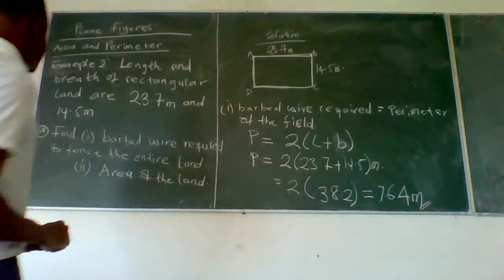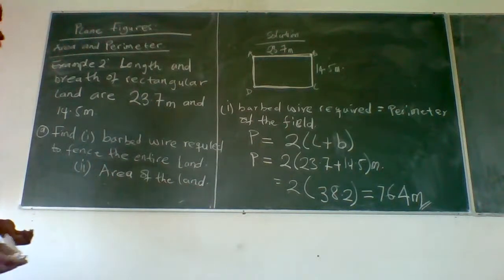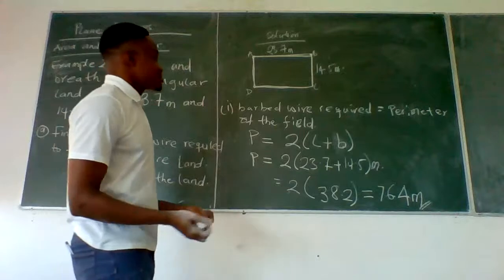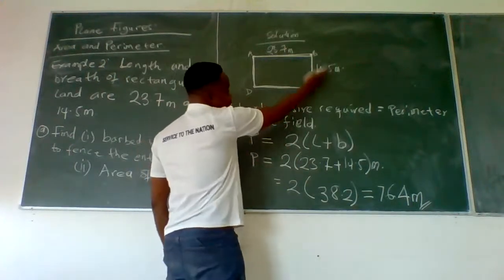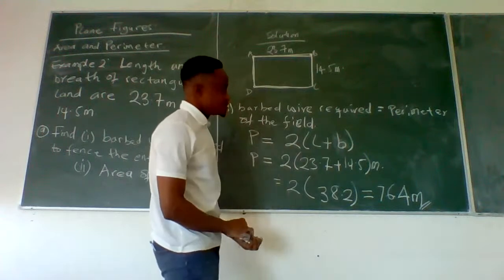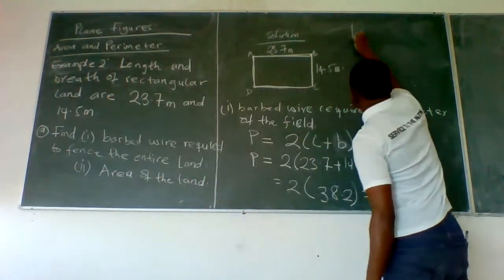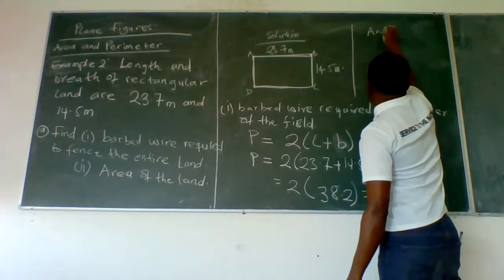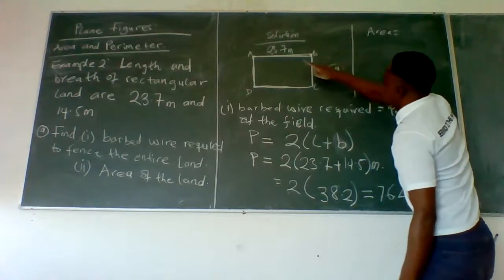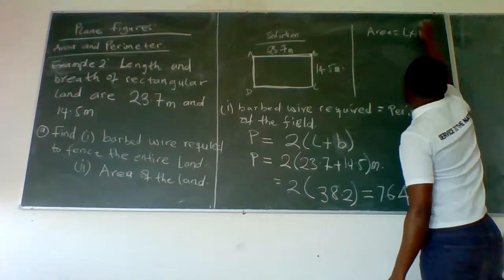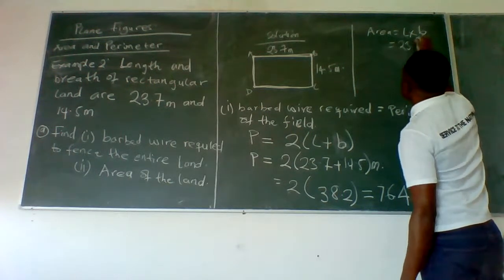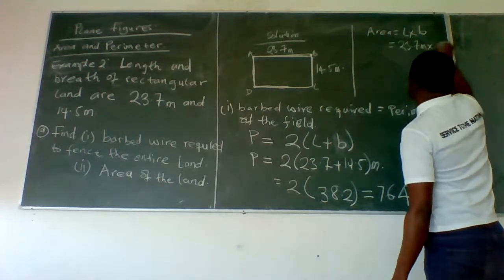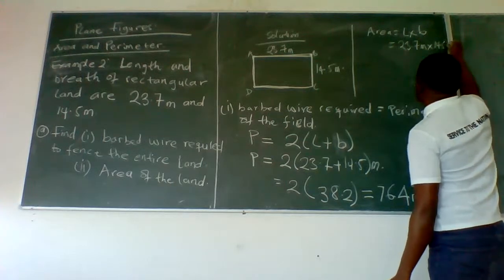Okay, the next problem is you should find the area of the land. As this is the land, what is the area? You just multiply the length by the breadth, and this will give you the area. So let me write the area here. Area is equal to length times breadth, the same as 23.7 meters times 14.5 meters.